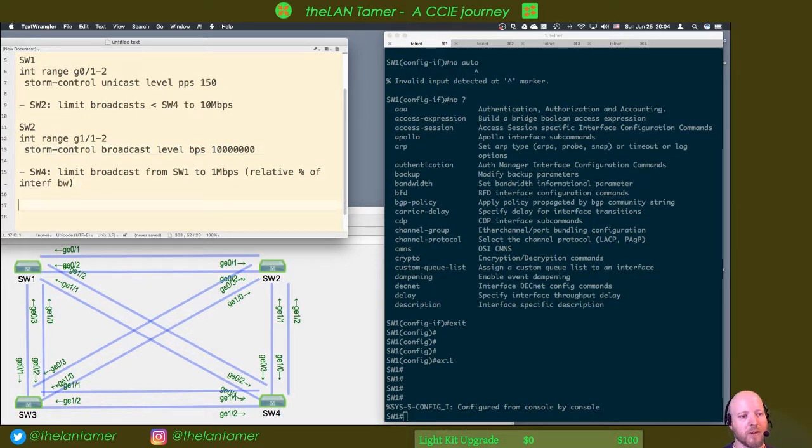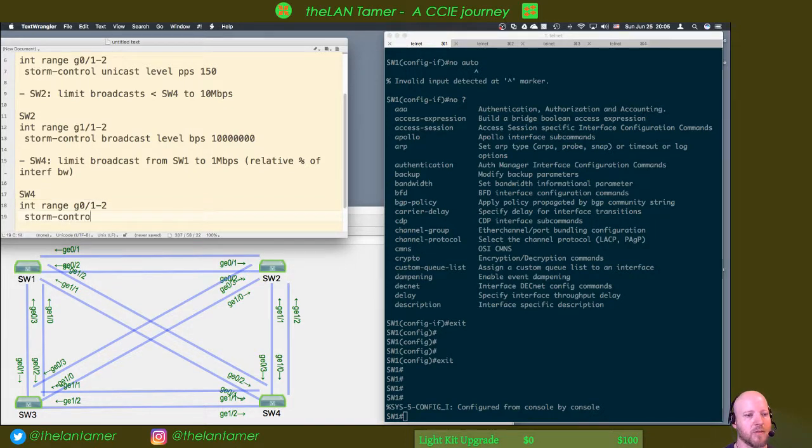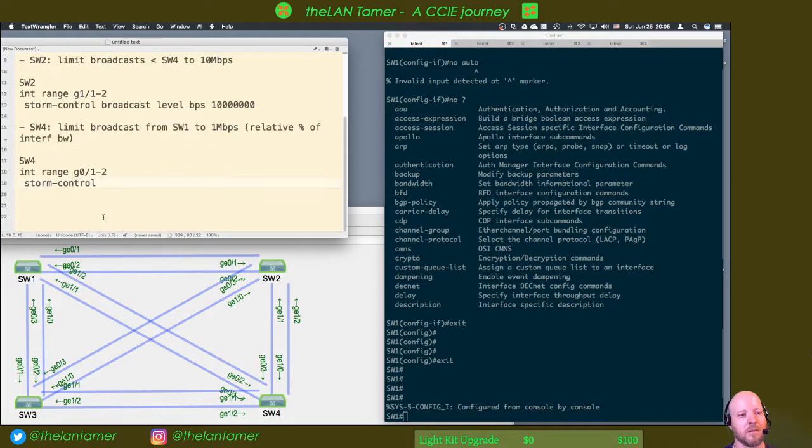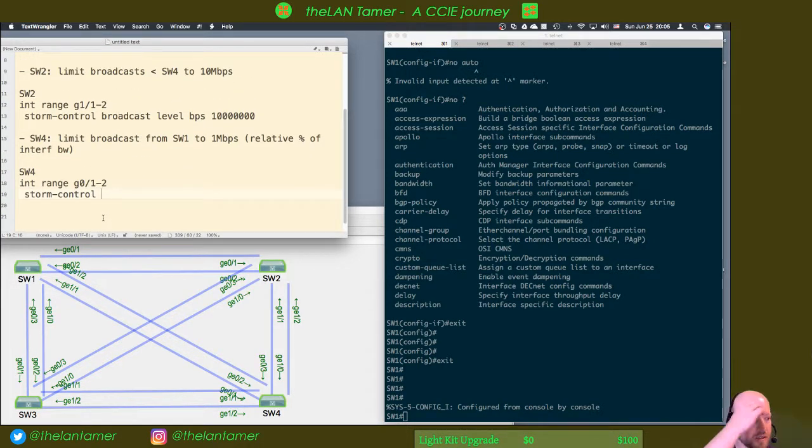On switch 4, we want to limit broadcast from switch 1. I think those interfaces are disabled, but assuming they're not, G0/1 through 2, storm control. This is going to be as a percentage of the interface bandwidth.